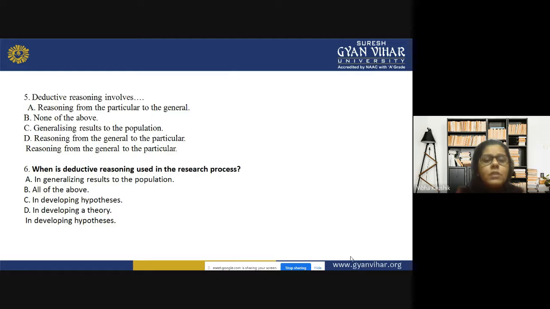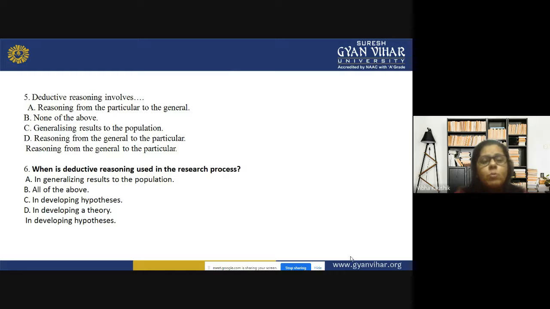C, generalizing results to the population, means the result which we got after the deductive reasoning will be applied to test the hypothesis, and whether the results from hypothesis testing can be generalized to the whole population or not. And the last one is D, reasoning from general to particular, it involves reasoning that moves from general to specific.